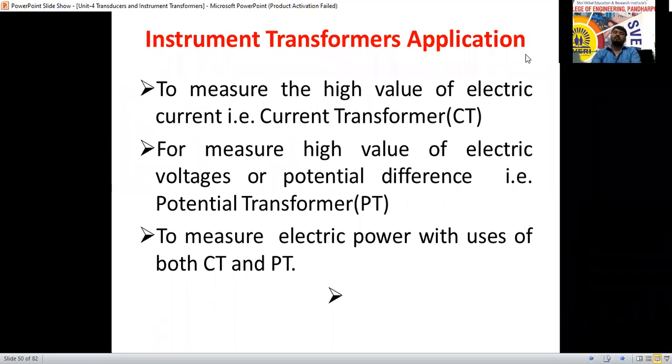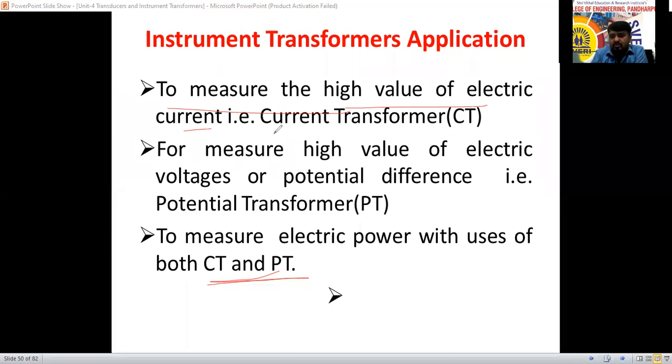To measure the power factor and energy, we use both the potential transformer as well as the current transformer. These are the three applications of the instrument transformer. To measure the high value of electric current, we use the current transformer.